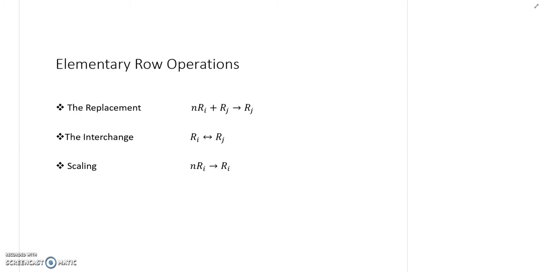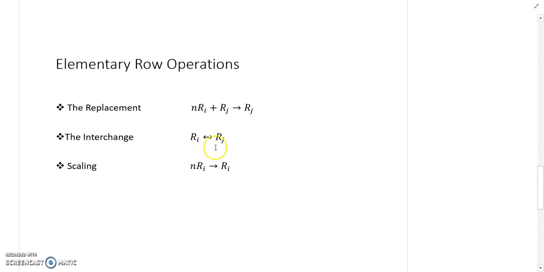The first one is the replacement. You multiply one row by a constant, and then add it to another row, and this sum becomes that row. For example, I could take 3 times R1 and add it to RJ, and this sum becomes RJ.